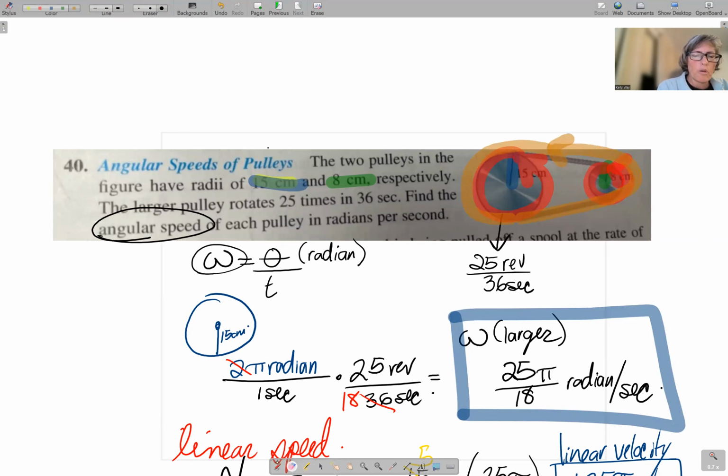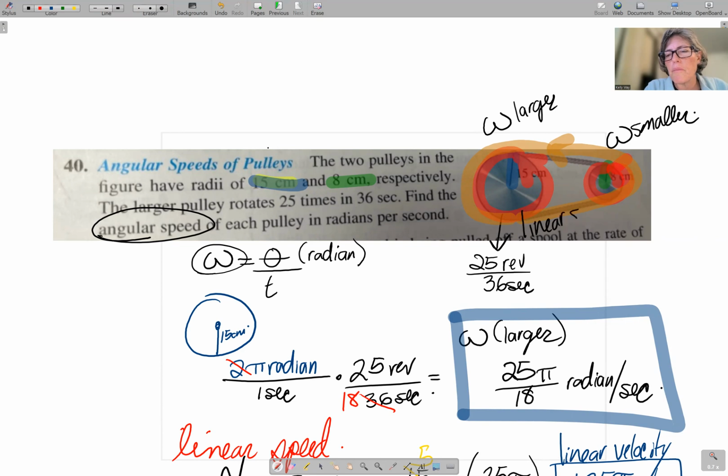So you're going to have the angular of the larger, that's omega of the larger, and angular of the smaller. Those will be different because obviously the smaller will rotate faster than the larger one. The linear speed is going to be the same.